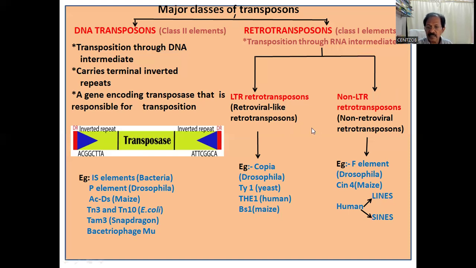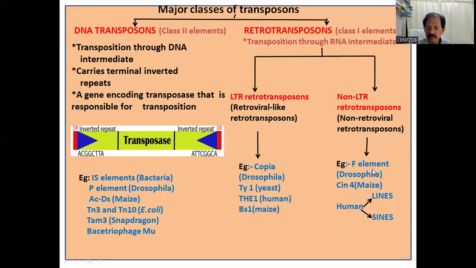And non-LTR retrotransposons are known as non-retroviral retrotransposons. Here also the examples are very, very important. Examples: Copia in Drosophila, Ty1 in yeast, THE1 in human, and Bs1 in maize.